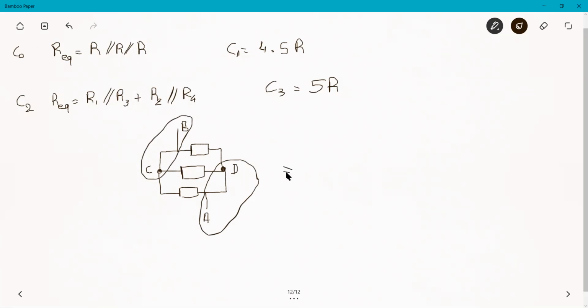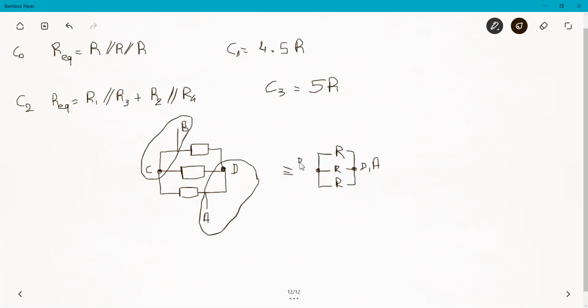So in fact, this is equivalent to R, R, R, here a single node, here another single node. I can call this node D, A. Same point, they have the same potential.